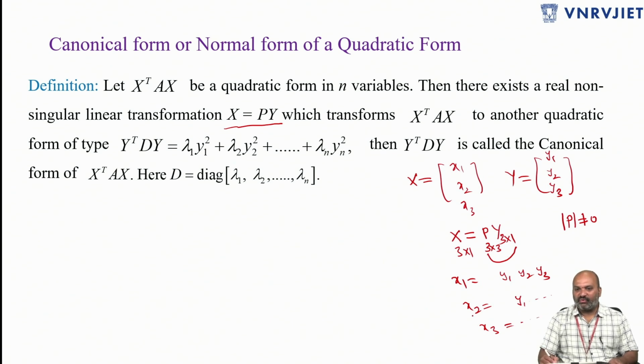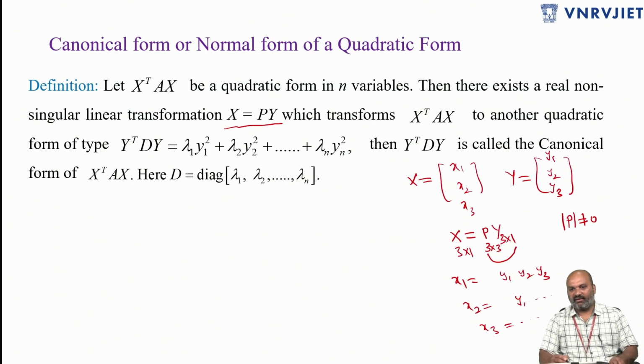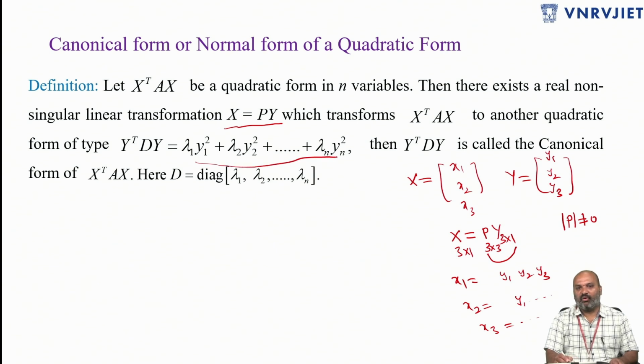If you substitute these x1, x2 and x3 in this quadratic form, you are going to get a new quadratic expression in terms of y1, y2, y3, which doesn't contain product terms. It contains only square terms.